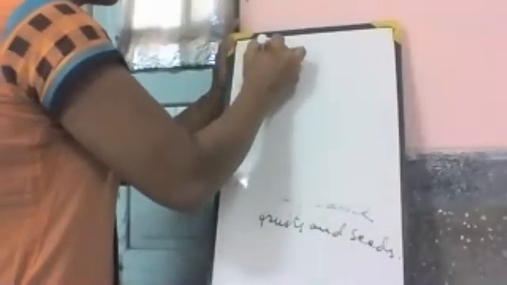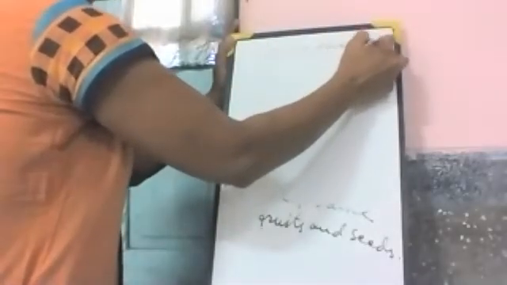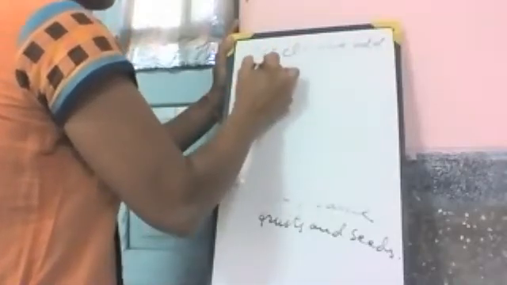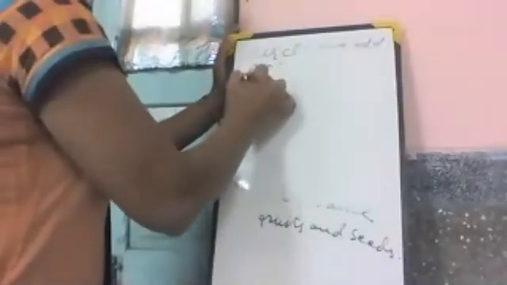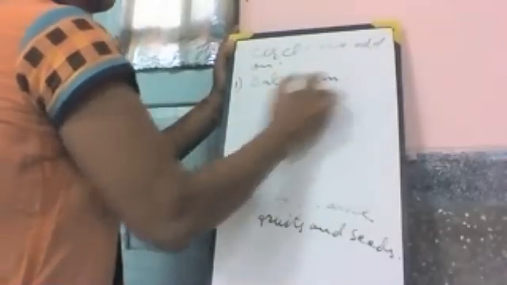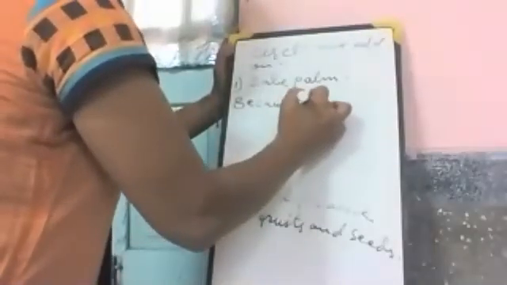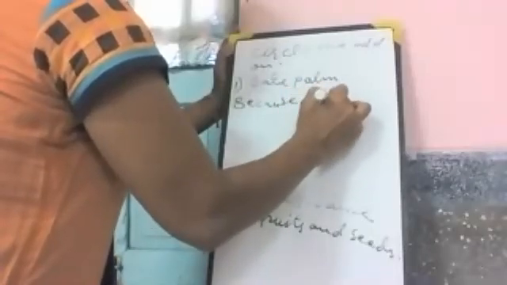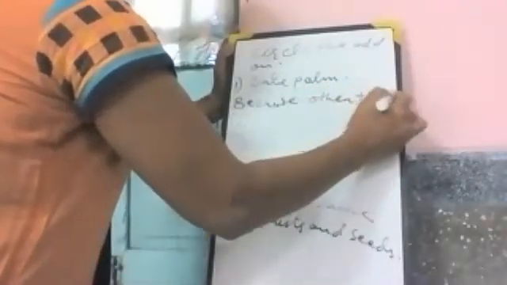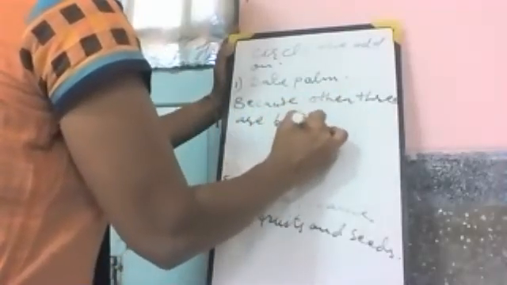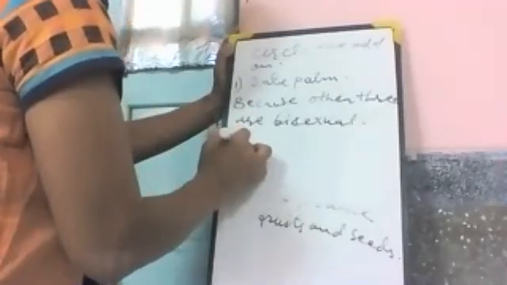The answer is 1. Circle the odd one. The answer is date palm, because the other three are bisexual and date palm is a unisexual flower.